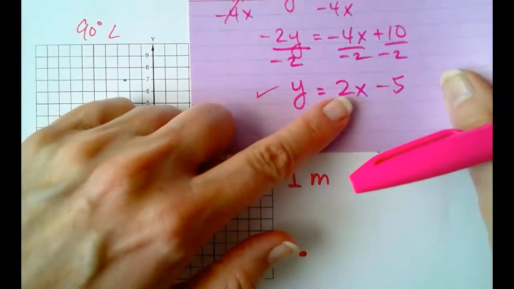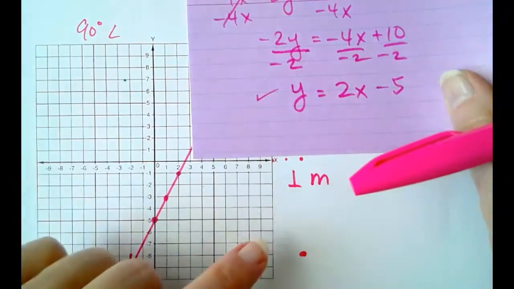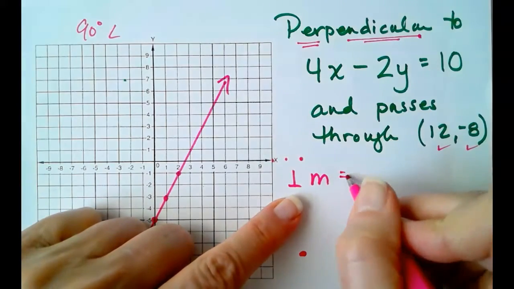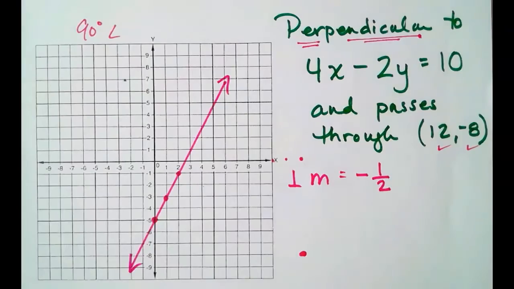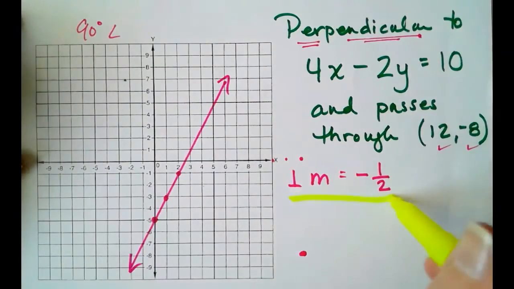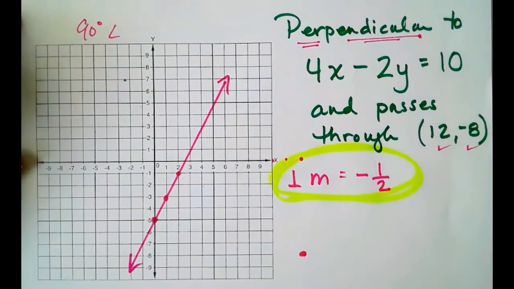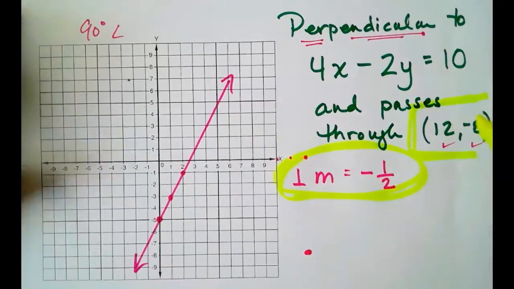So if our given line has a slope of 2, our perpendicular slope is going to be negative 1/2. So what do we know now? We now know our slope is negative 1/2 and our point is 12, -8.